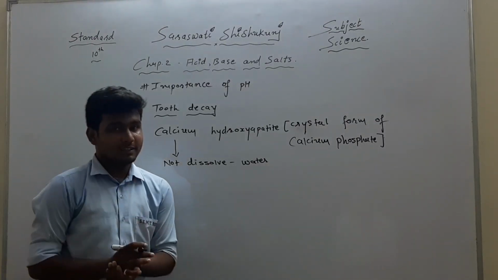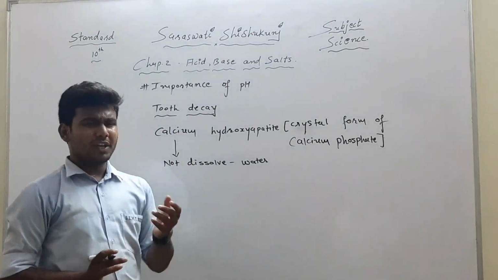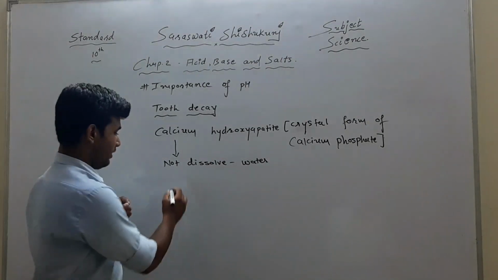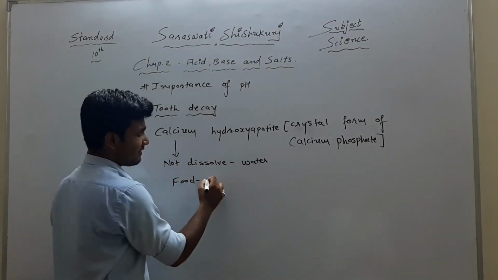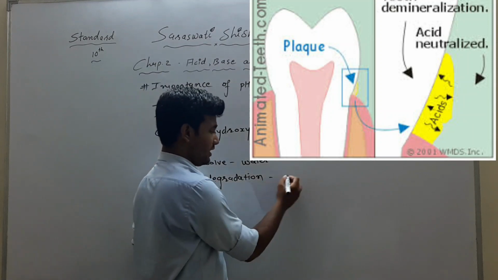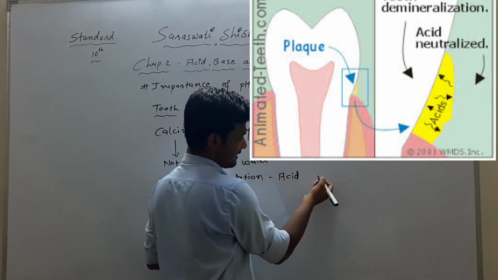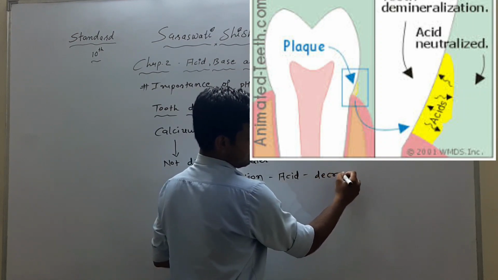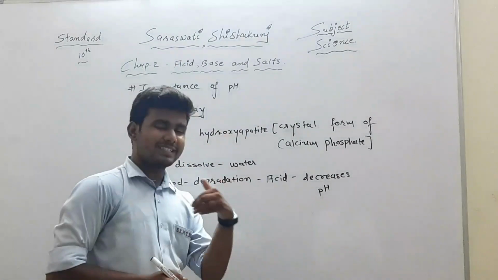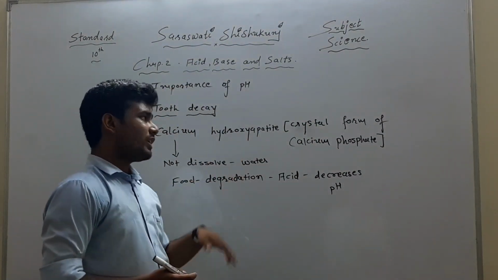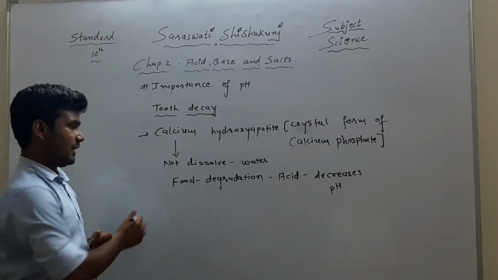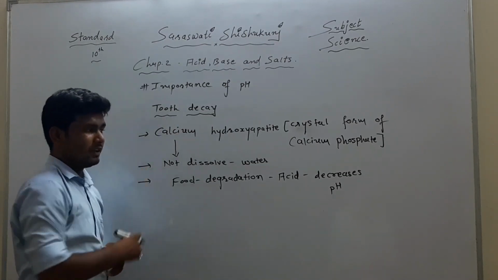Now how does it get less than 5.5? We know that the food which we eat stays between our teeth, and that food plucked between the teeth will start degrading, and due to this degradation it will create acid which decreases the value of pH, and it will become less than 5.5, which will affect our crystal form of calcium phosphate, known as calcium hydroxyapatite, which is insoluble in water.